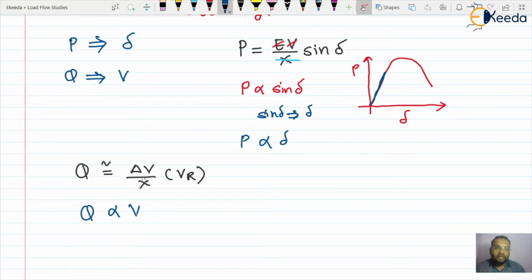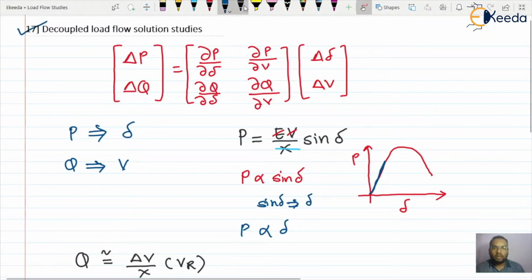Now if we apply these concepts to the equations that we have written here, the real power depends on the phase angle, not on the voltage, in terms of sensitivity. So the partial differentiation of the real power with respect to voltage goes to zero in that condition.